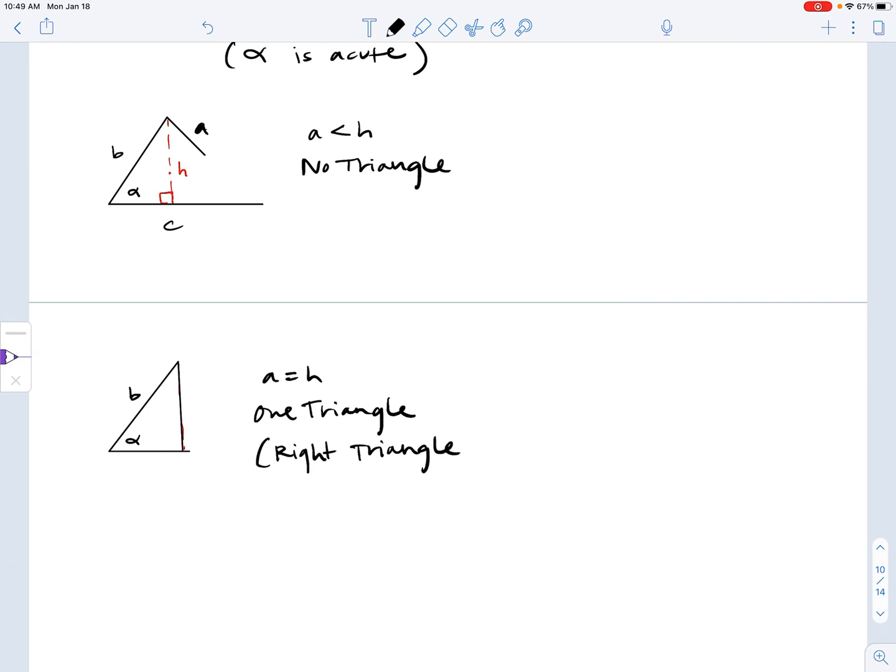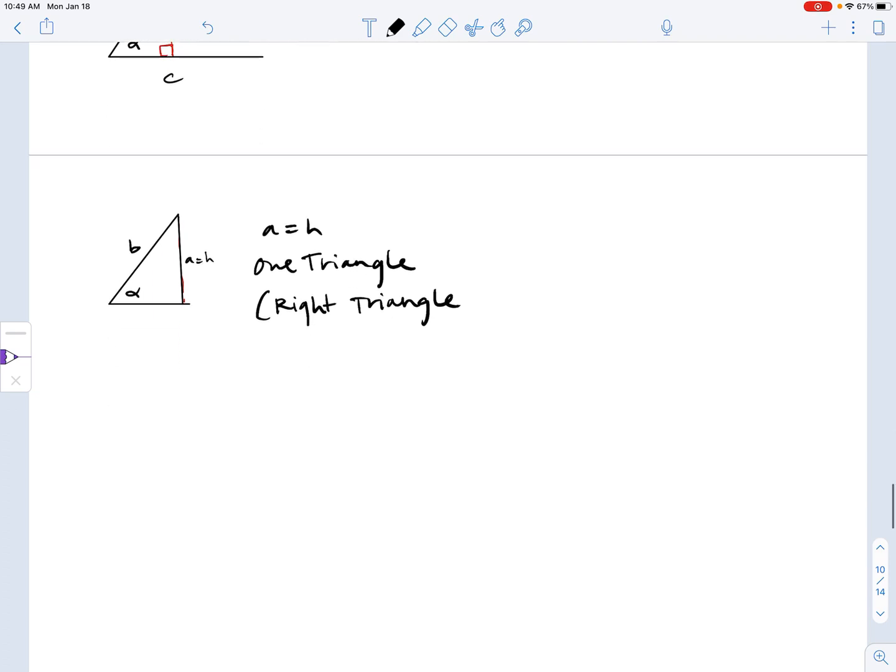And that triangle would actually be a right triangle. Right? A would be equal to H, and that forms a right triangle.